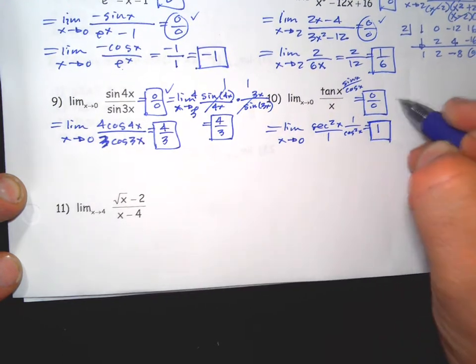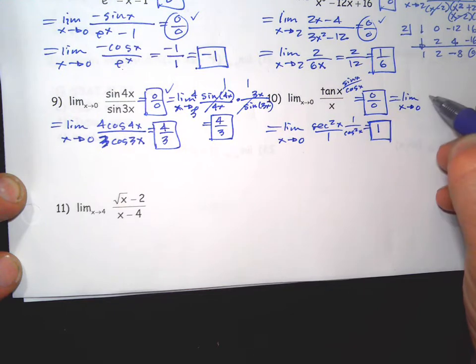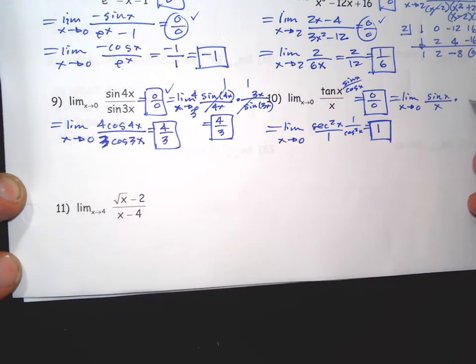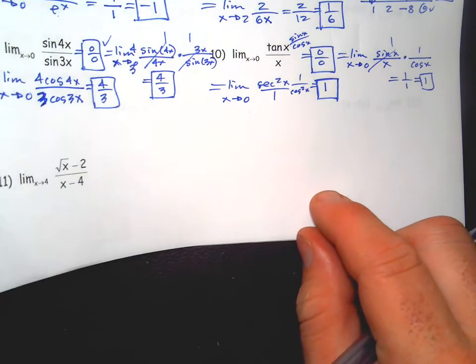Now, without L'Hopital's rule, you would break apart the sine and the cosine and say, well, that's going to 1, and that's going to be 1 over 1, which is 1. So that's the answer without L'Hopital's rule. Got to be able to do both.